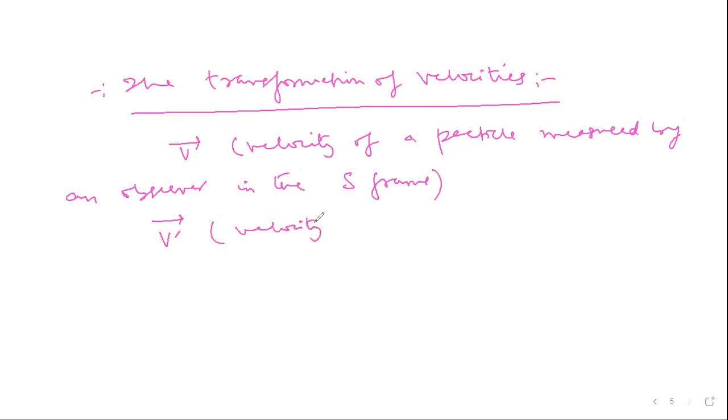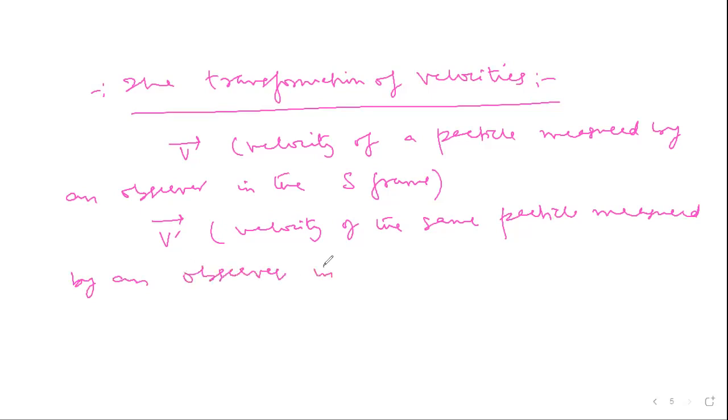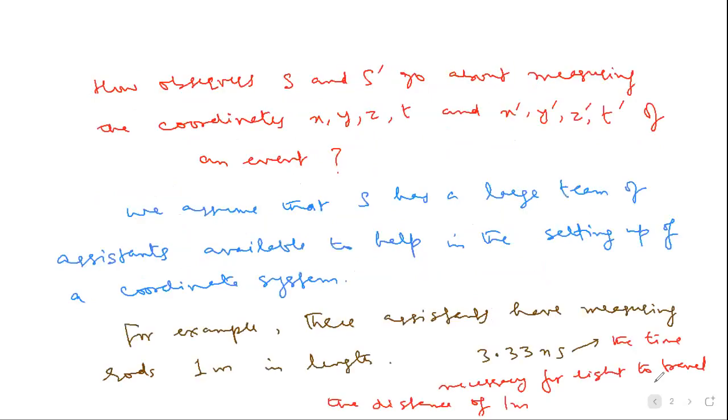Is the velocity of the same particle measured by an observer in the S prime frame, who is in turn moving with velocity u relative to S. We have already discussed that at the start of the lecture.